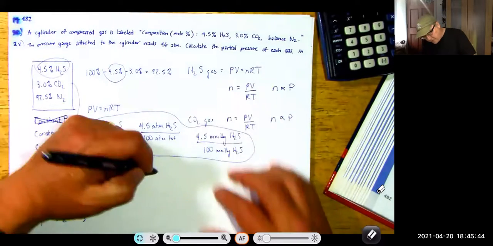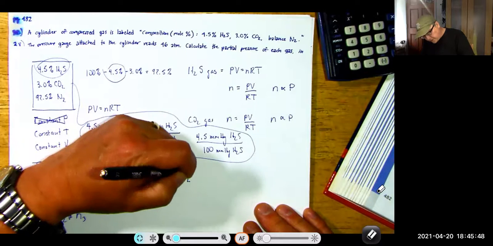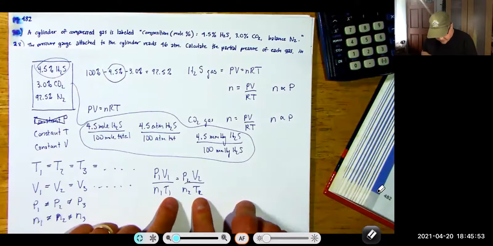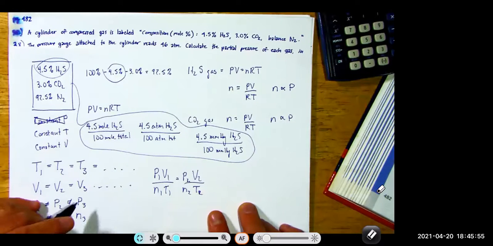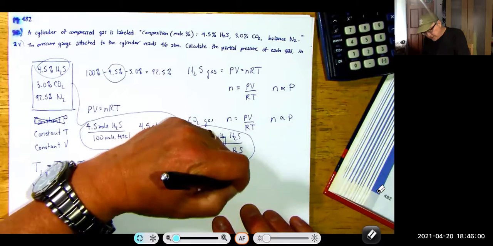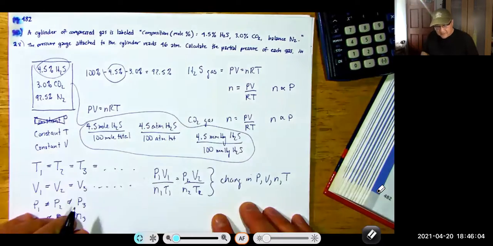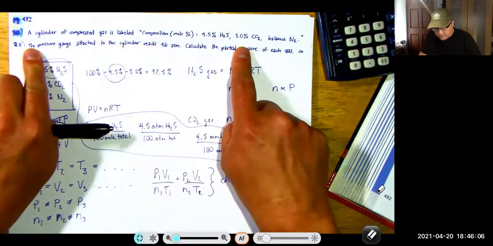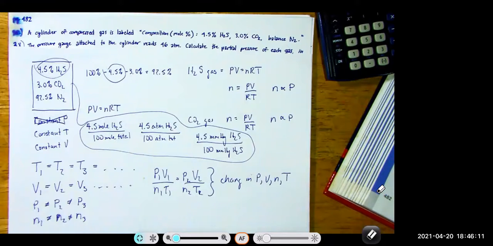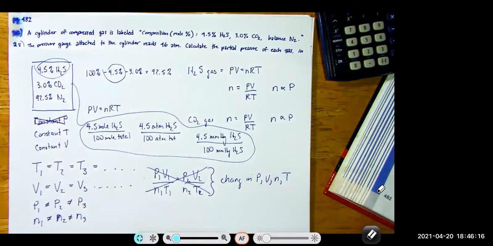So P1 V1 over N1 T1 is equal to P2 V2 over N2 T2, right? And you were talking about removing variables like T1 or N1. Here, is there a change in pressure, volume, moles, or temp? This is a cylinder. Is there anything changing? Okay, so nothing's changing, so we can't use this. That does not apply.